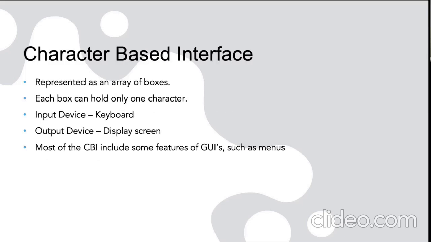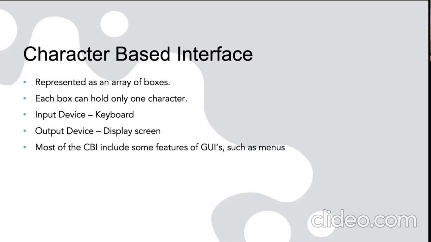Next, character-based interface. In a character-based interface, information is basically displayed as a grid or array of boxes on the screen, where each box is capable of holding a single character, and the arrangement of characters in these boxes forms a visual representation of the interface. So like users interact with the system by inputting text characters using a keyboard.